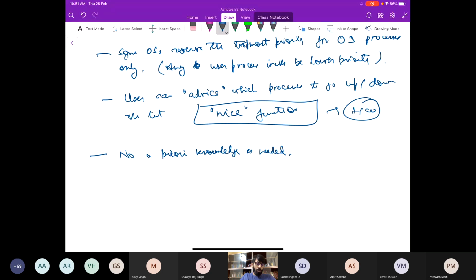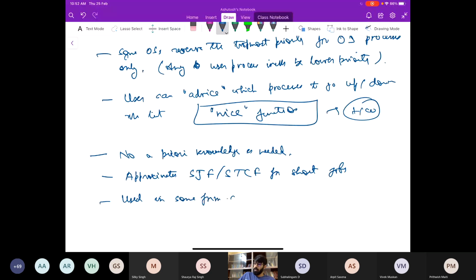The overall performance approximates SJF or STCF for short jobs, and it is used in some form across many systems.